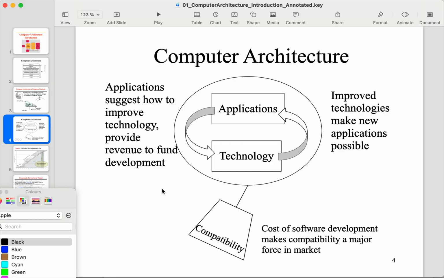So applications suggest how to improve technology and provide revenue to fund the development. We would want to create new technologies if they are improved, better, or serve a new purpose.